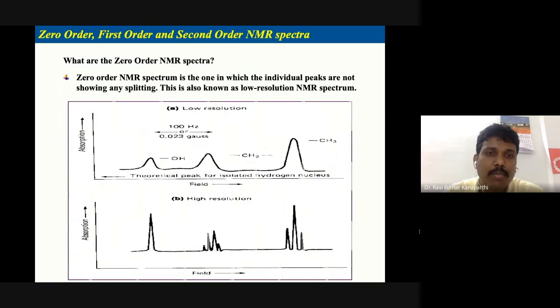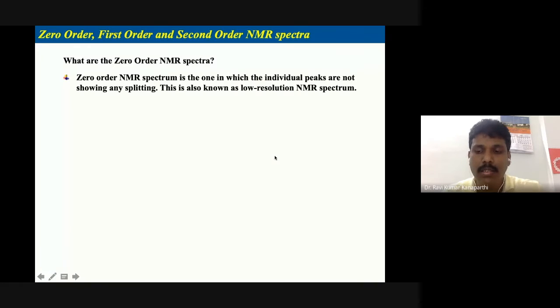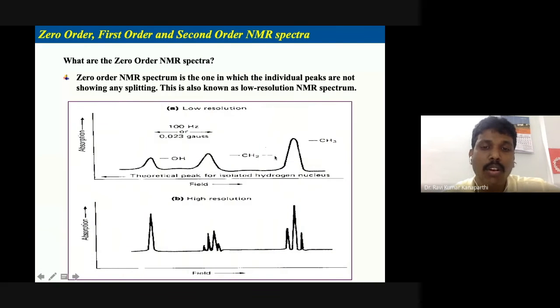And the best example I had already given in the previous classes at various discussions of NMR. The upper image, or the top image, what you see in this slide, is basically a zero order spectra. The NMR signals, as you can see, are broad, but you don't see any splitting, right?